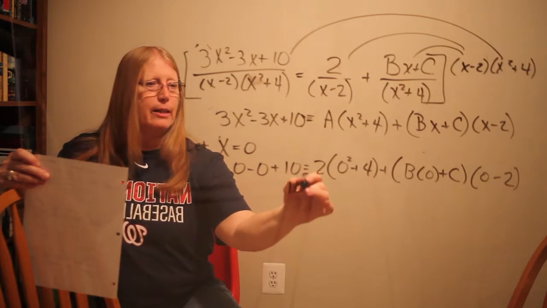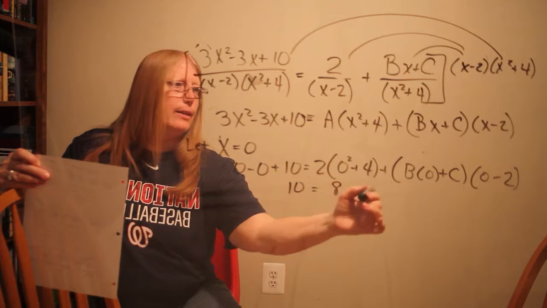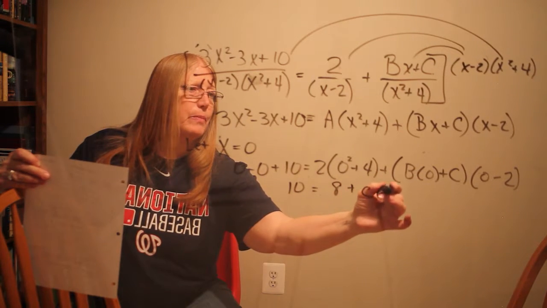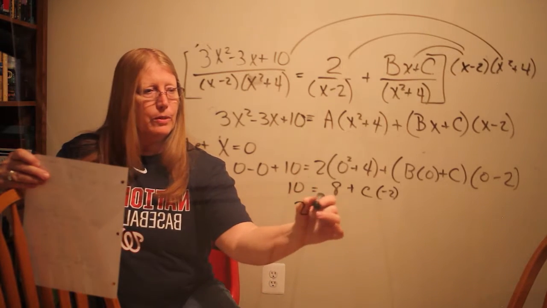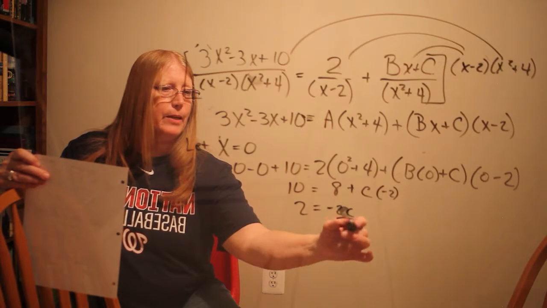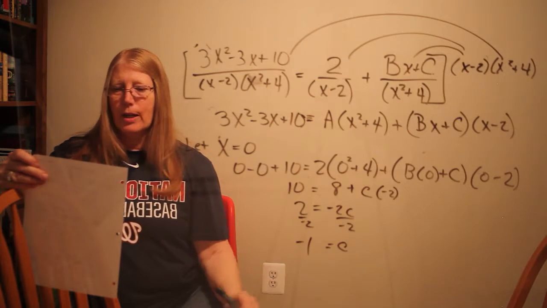Simplifying, I get a 10 on the left. 2 times 4 is an 8. 0 plus c is c times minus 2. Pull the 8 over, and it becomes a 2, subtracting, and minus 2c. Divide by minus 2, and I have c equals minus 1.